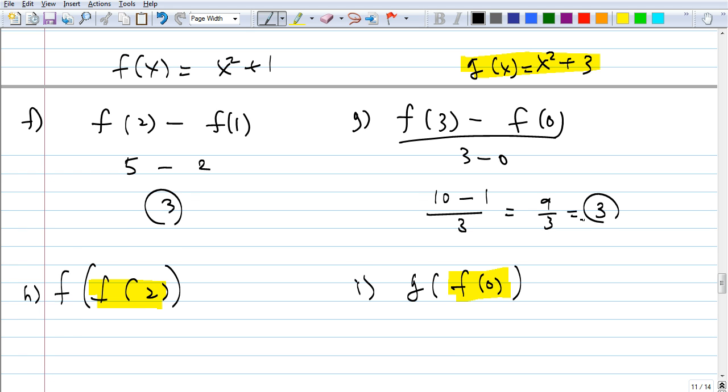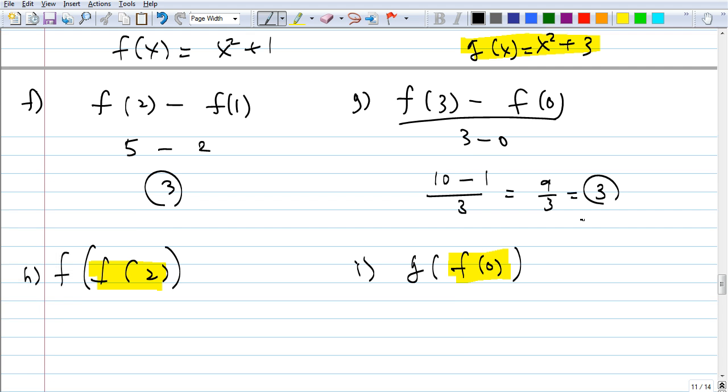Now, what about h? Any question for, first of all, f and g? Does that make sense? What does f of 2 mean? Anybody? Yes, Alvin. So you do the f of 2 first. After all, what's f of 2? It's a number, 5.